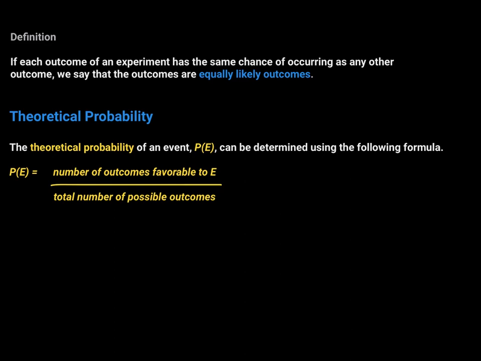The theoretical probability of an event, P(E), is the number of outcomes favorable to E over the total number of possible outcomes. For the rest of this lesson, and for many lessons to come, whenever we use the word probability, we are referring to theoretical probability.